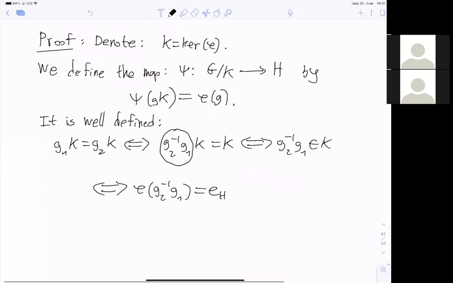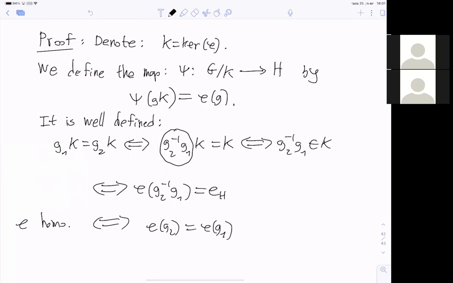But phi is a homomorphism. So it's like saying that phi of g2 is equal to phi of g1, because this is like saying phi of g2 minus 1 times phi of g1 is equal to e_H, because this is the same thing as this one.